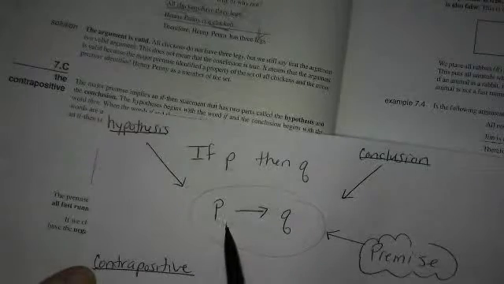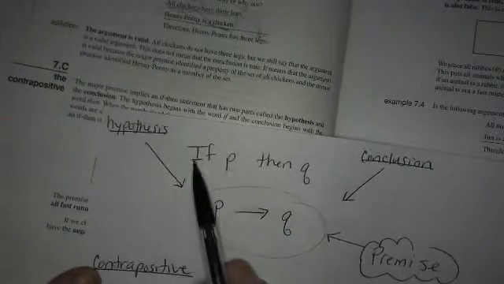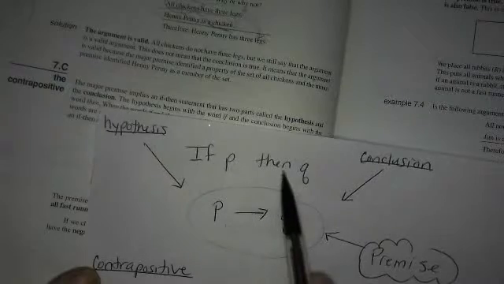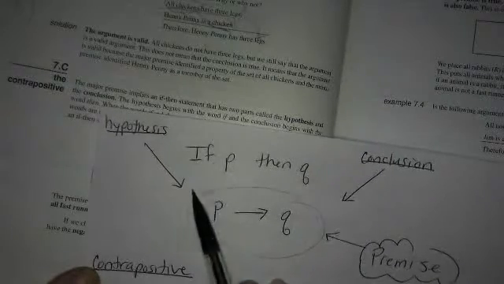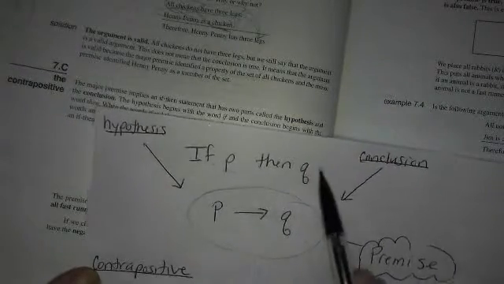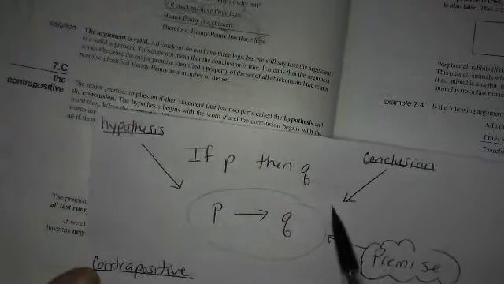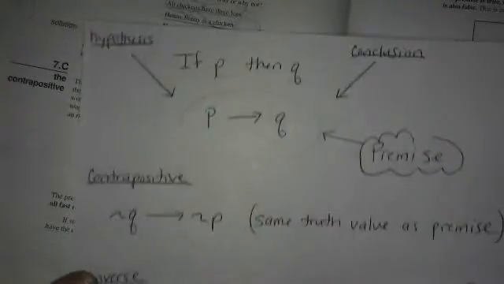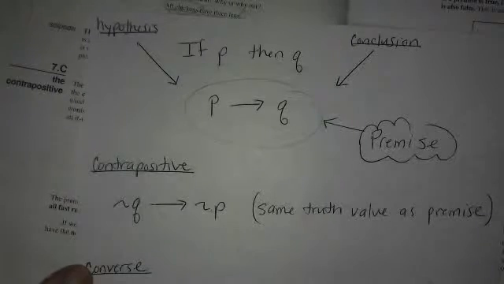So what did it say? If it's a rabbit, then it's a fast runner. So the if it's a rabbit part is a hypothesis, and the it's a fast runner part is a conclusion. The first part's the hypothesis, the second part's the conclusion, and the whole thing is called a premise.